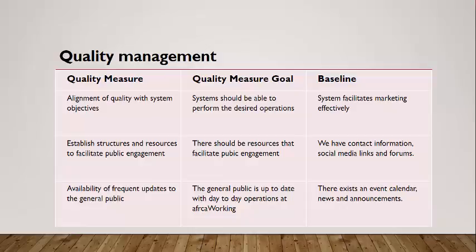So our goal here is that the system should be able to perform the desired operations. Maybe we need new companies to join Africa Working, so they should be able to register. So the baseline is the website facilitates marketing. It's able to reach out to people and make people interested in the company, and they can register with it.